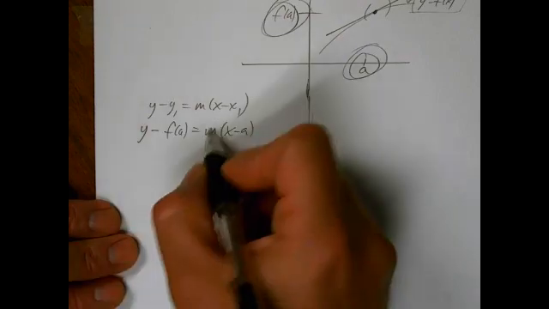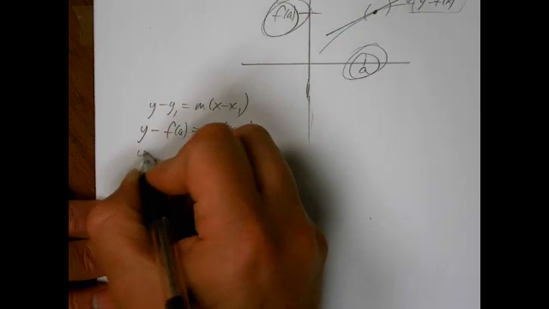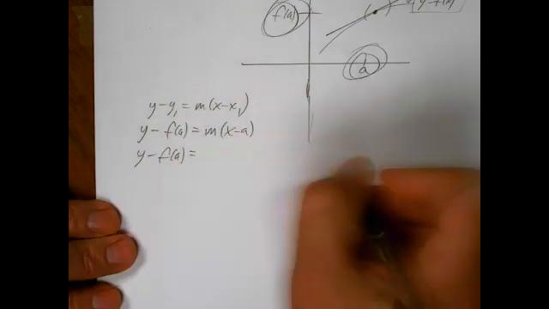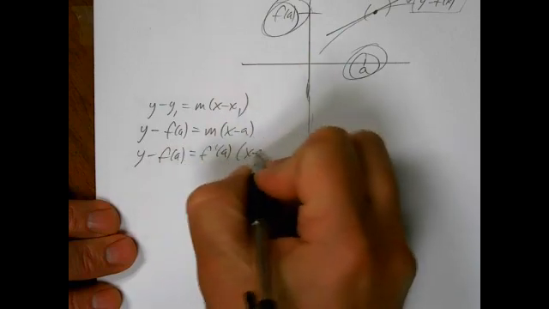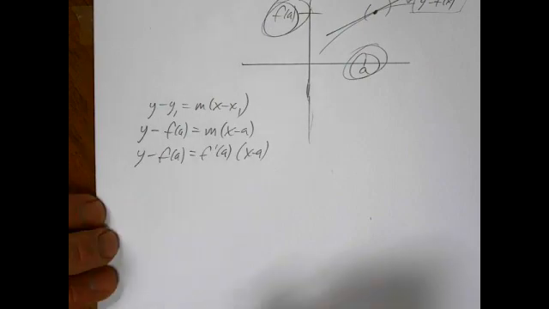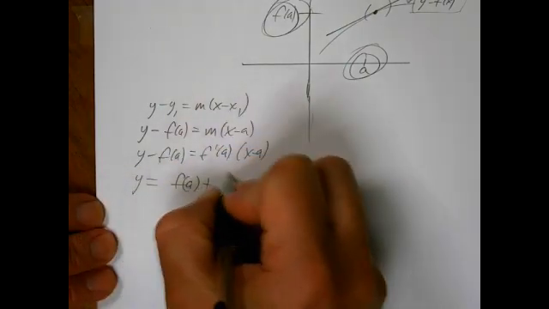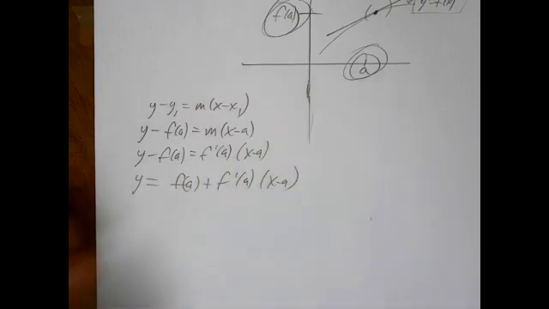Furthermore, the slope is found using derivatives. So this becomes y minus f of a equals, instead of m, we'll call that f prime of a, times x minus a. And in one last step we solve for y, and this line isn't just any line, it is a linearization of the function.